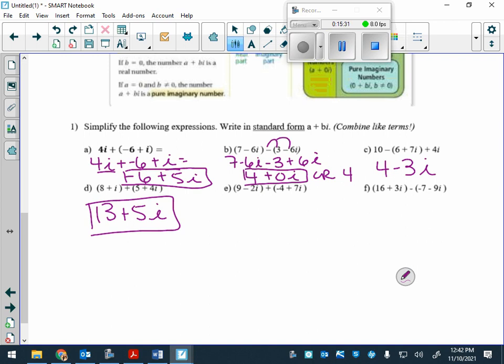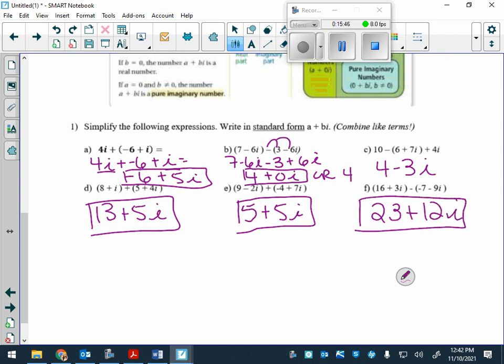Go ahead, Phoebe. Good. 5 plus 5i. Awesome. And F. Go ahead, Sam. Good. 23 plus 12i. Awesome, you guys. So adding and subtracting, all you're doing is combining like terms.